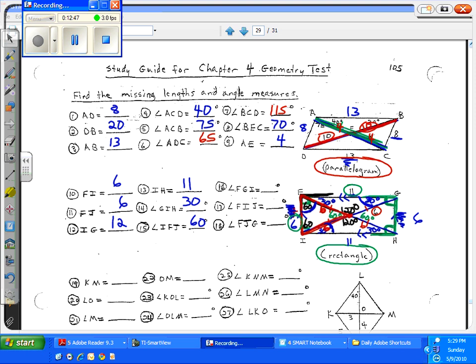It's 30 degrees. Angle FIJ is this angle right here. It's 60 degrees. Angle FJG is this angle right here. It's 120 degrees.